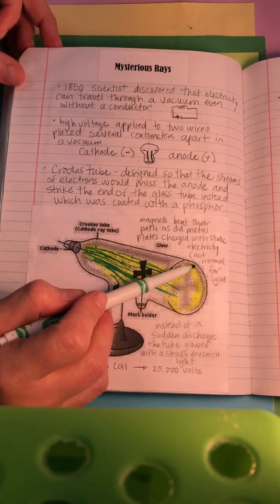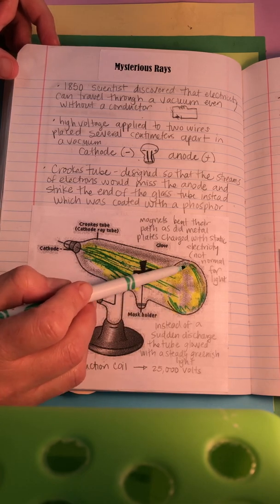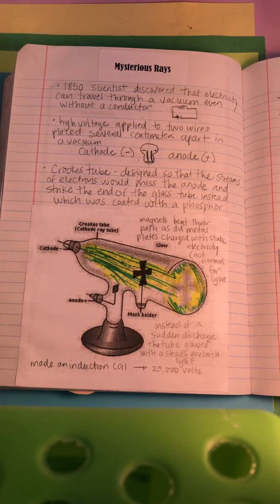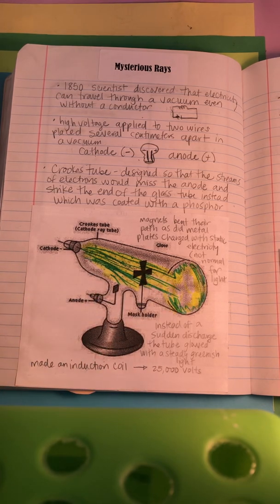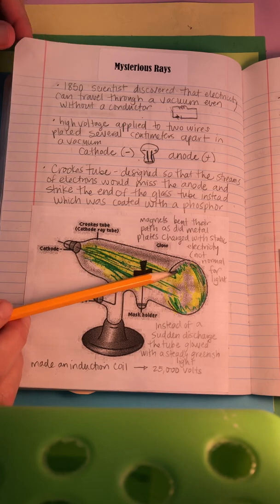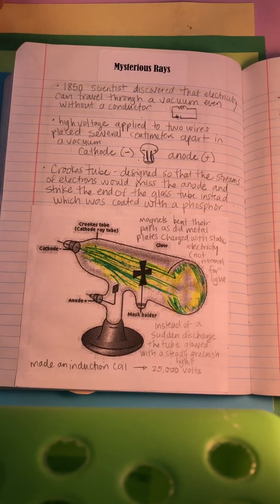The phosphor material it was coated with would have a phosphorescent, well, really more of a fluorescent, but somewhat phosphorescent effect, which means that it would glow in the presence of usually UV light, and so this material down here was basically just helping them see these rays as they were created.